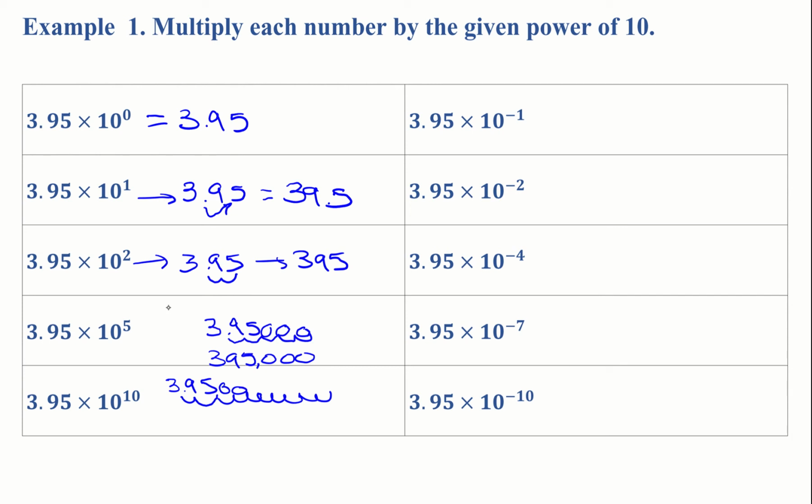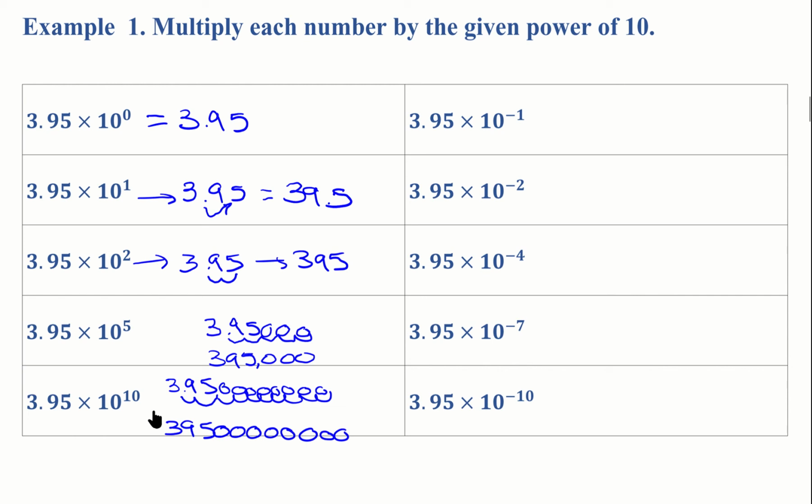So there you go. Replace those with zeros like so. So the final result is 395 with 8 zeros. We knew that, of course, because the decimal is going to move 10 places to the right, and once you already know how much 2 to the right is, it's right there.